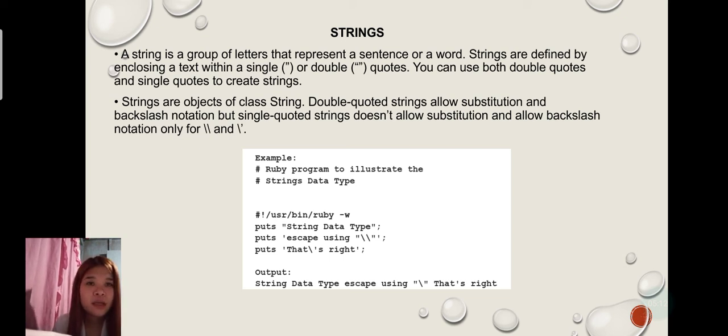So here is a sample program that illustrates the strings data type in Ruby. In the first line of code, first is puts. Kaning puts, by the way, is similar sa System.out.print sa Java. Bali mao na ilang syntax sa pagprint dani nga language sa Ruby.